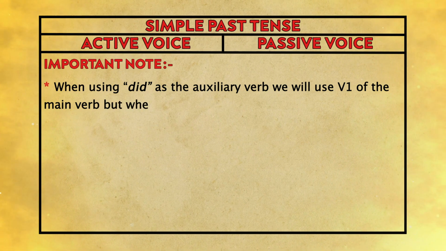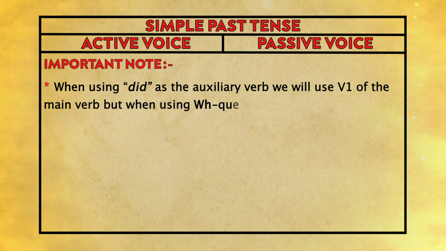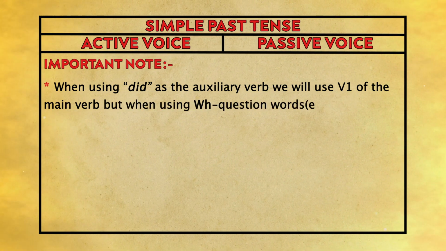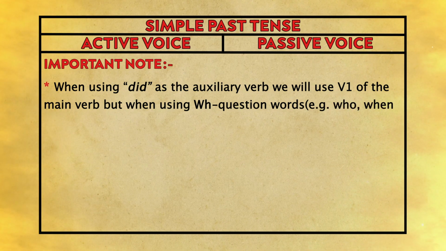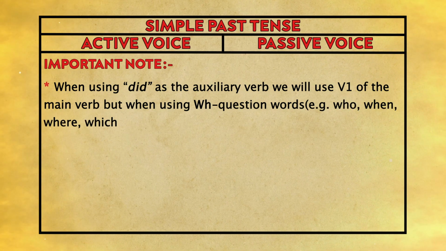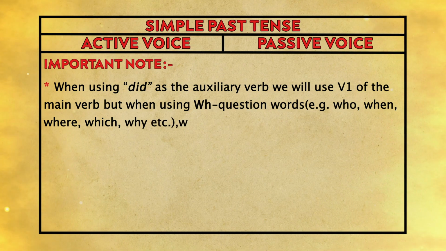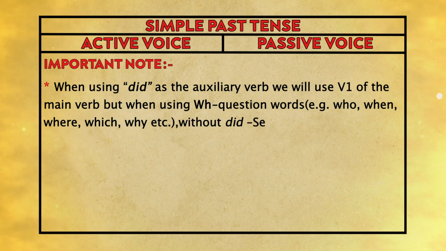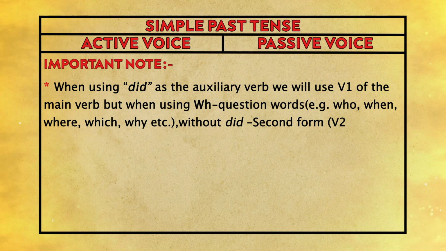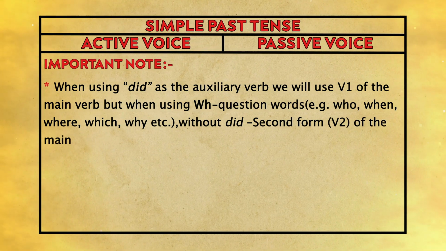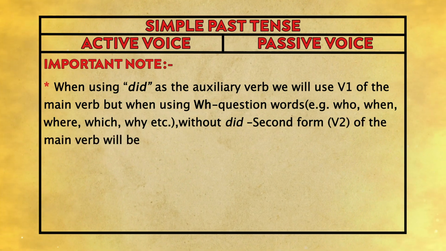But when we use question words such as who, when, where, which, why, etc., without did, then we use the second form of the main verb.